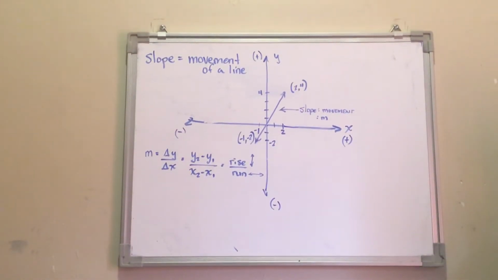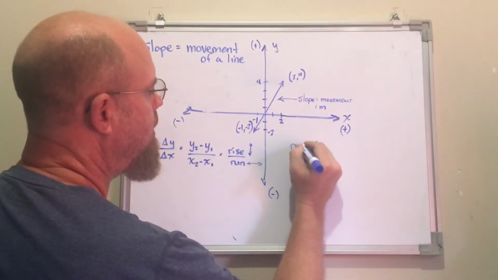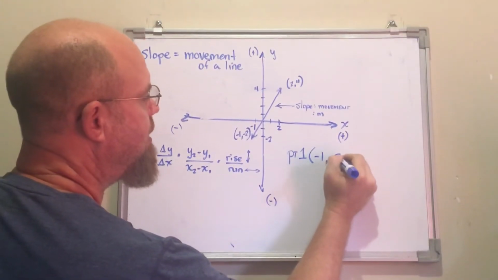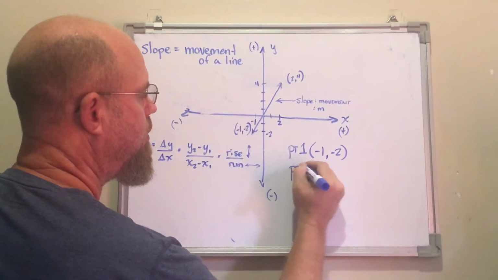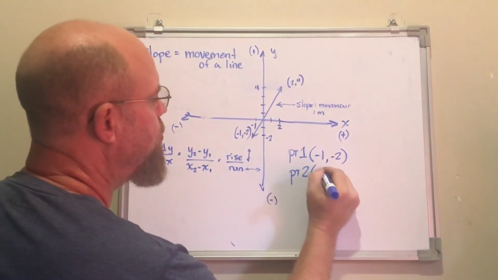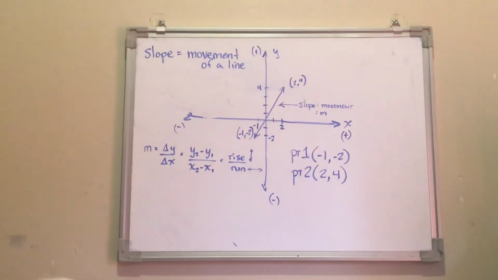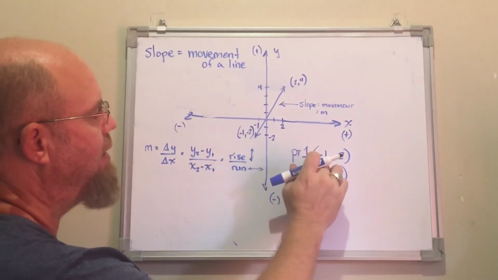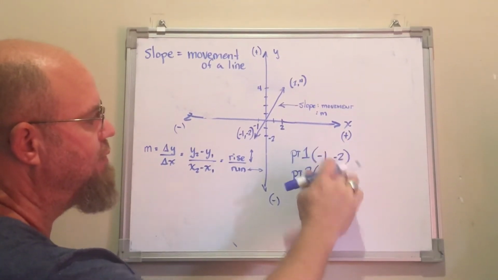All right? So if point 1 is (-1, -2), and point 2 is (2, 4), all right, then we know that x1, the value of x in point 1, is -1. We know that y1 is -2.